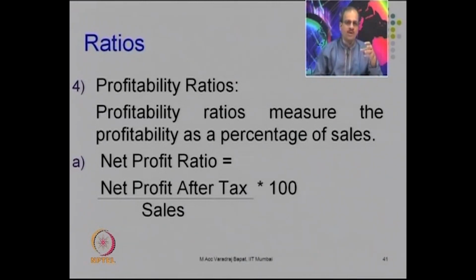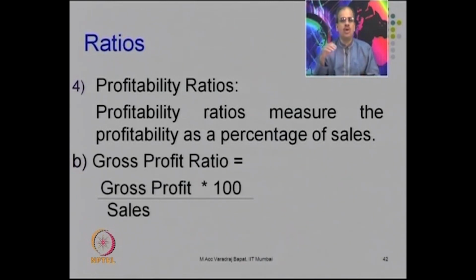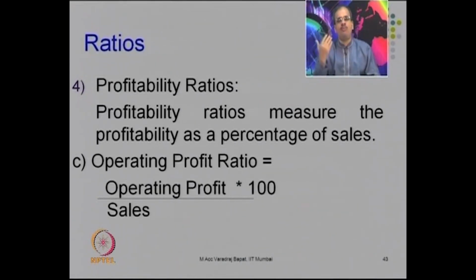One important profitability ratio is the net profit ratio. It tries to find net profit after tax as a percentage of sales. You also have a gross profit ratio, which again links gross profit to sales. On the same lines, you also have the operating profit ratio, which links operating profit to sales.